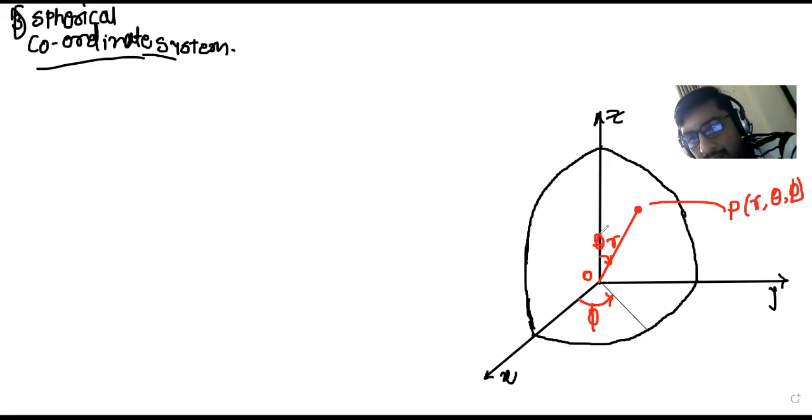Theta is the angle made by z-axis with radius, and phi is the angle made by x-axis with shadow of radius. Or you can say this phi is the angle made by xz plane with radius.